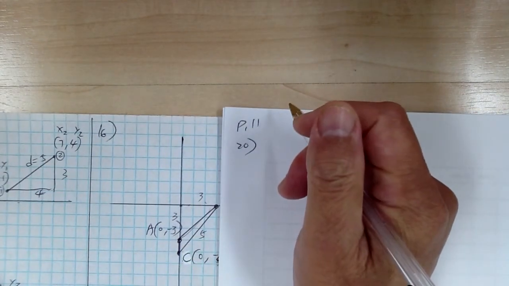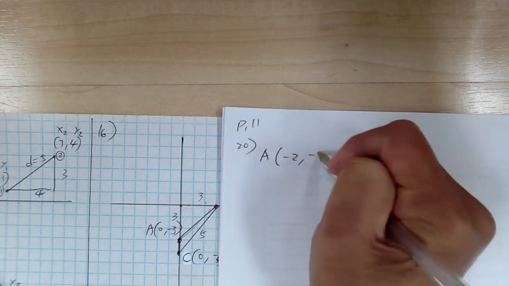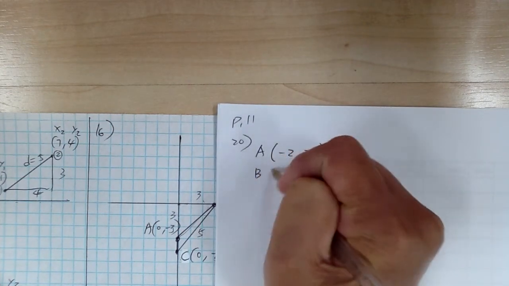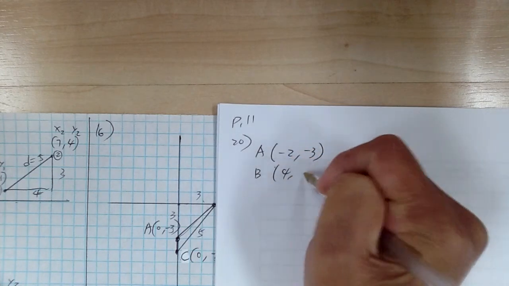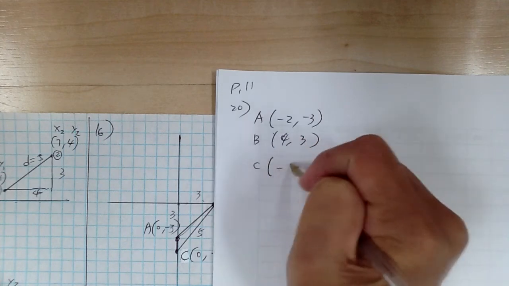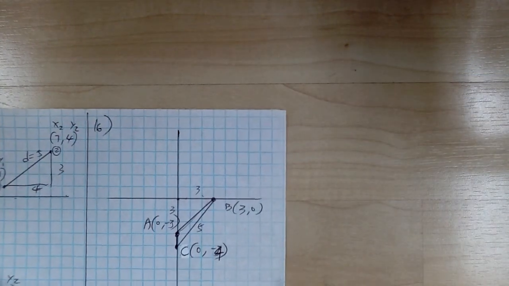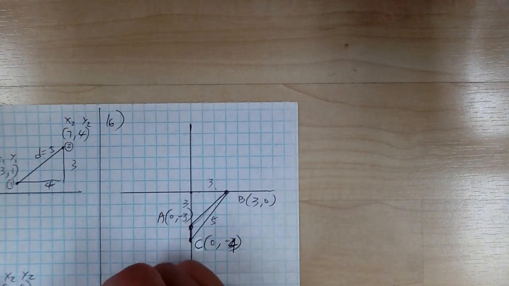Okay, so you got the 3 points. Point A is negative 2, negative 3. B is at 4, 3. And C is at negative 3, 4. Okay, so you want to plot the points. So this is number 20.